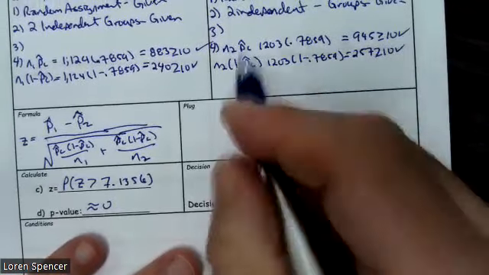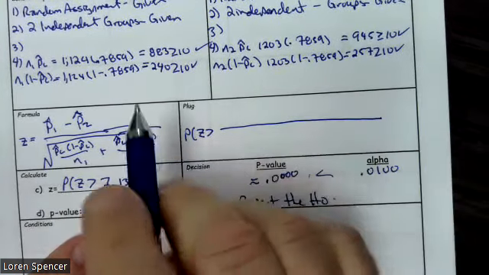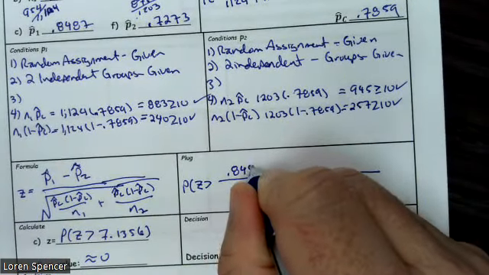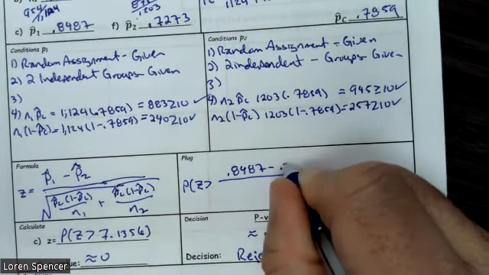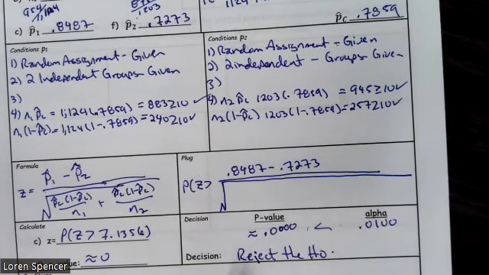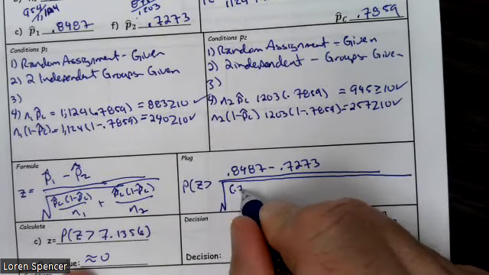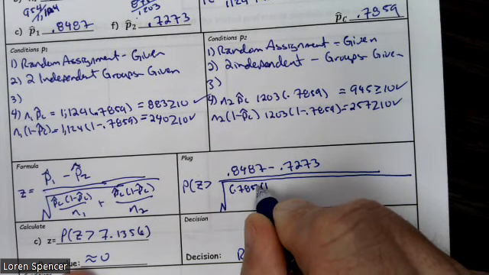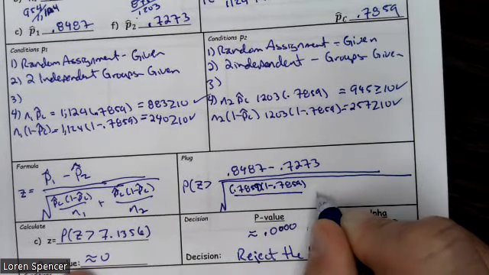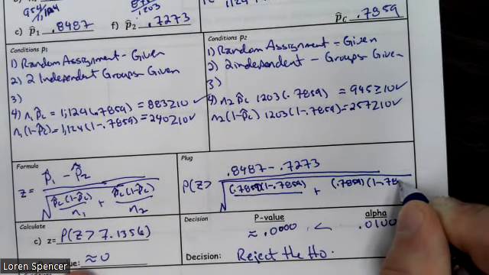So we're looking for the probability that Z is greater than 0.8487 minus 0.7273 over the square root of, and P hat C is 0.7859, 1 minus 0.7859, plus 0.7859 times 1 minus 0.7859.